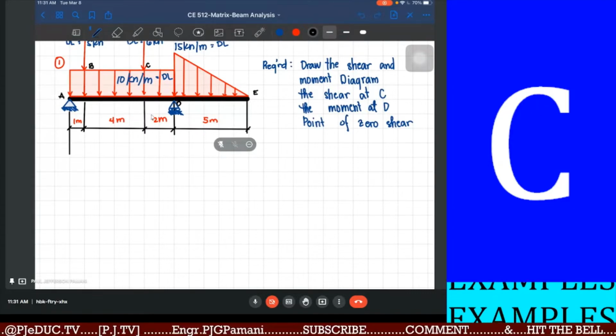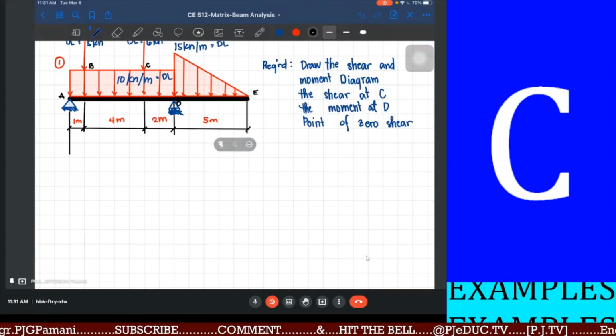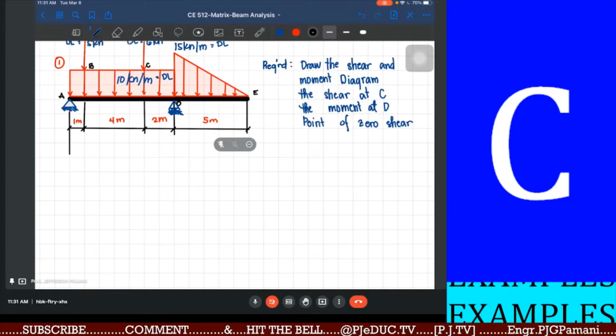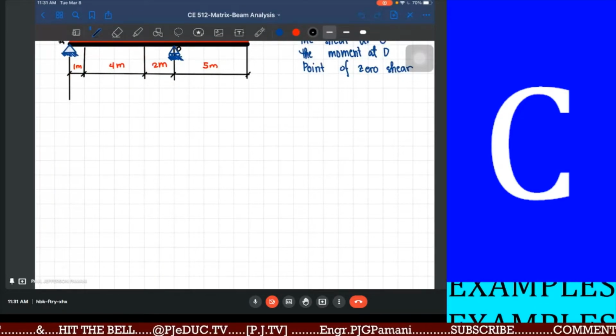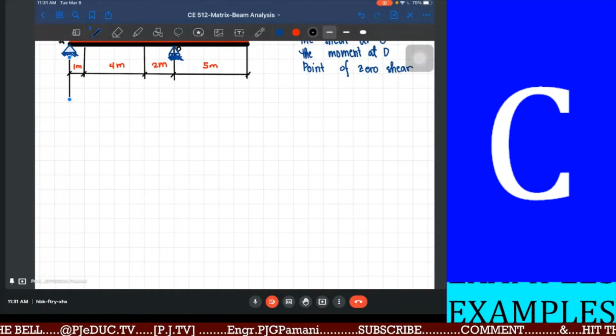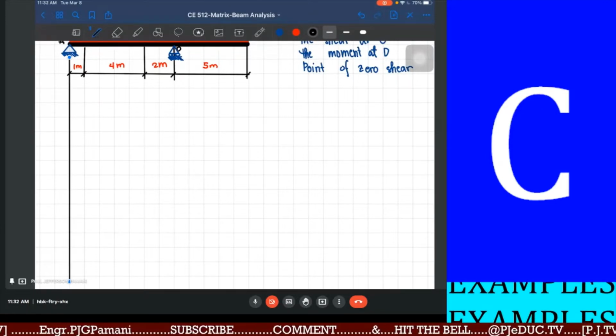And that particular inflection defines also the location of your maximum deflection later on. So with this, let us try to expand first the lines that we have here for your shear and moment diagram.